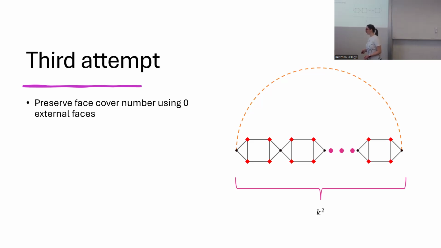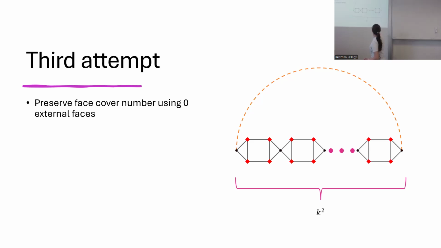The face cover of the entire thing is still 2 because I can use this face, and so I can use basically the 2 external faces. So the face cover number is 2, so I cannot just discard it and say this is a no instance. But if I want to preserve the face cover that uses 0 external faces, the face cover number that uses 0 external faces is k squared in this case, because we need to use the square face.